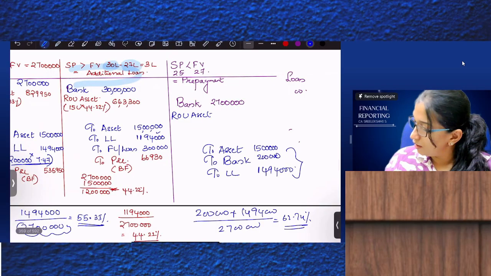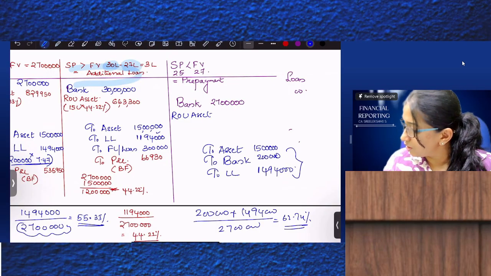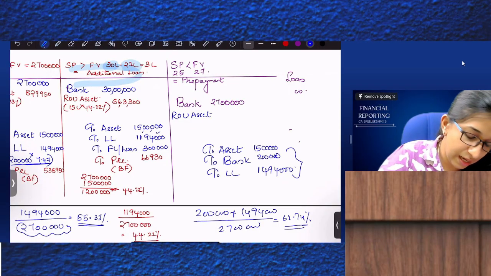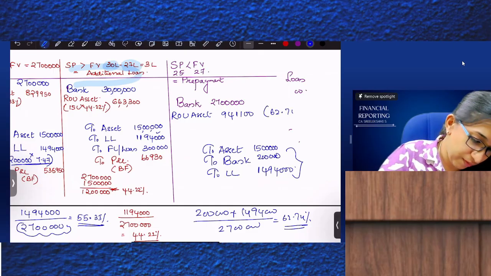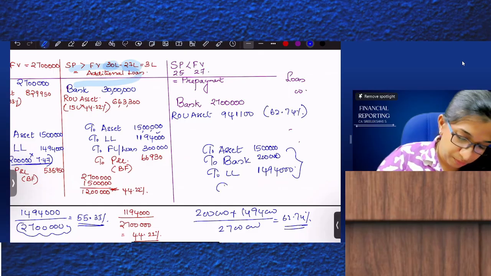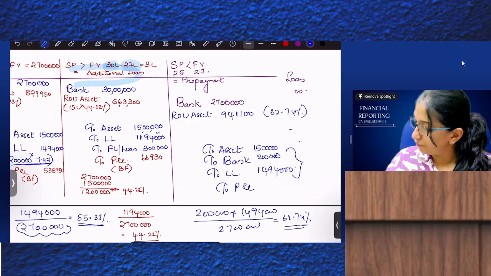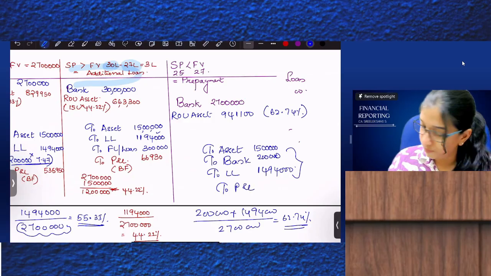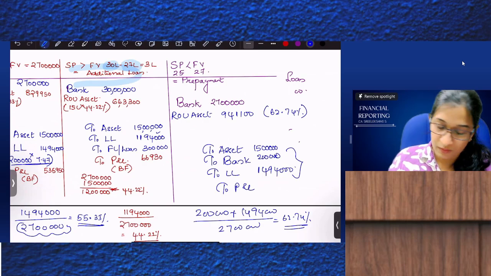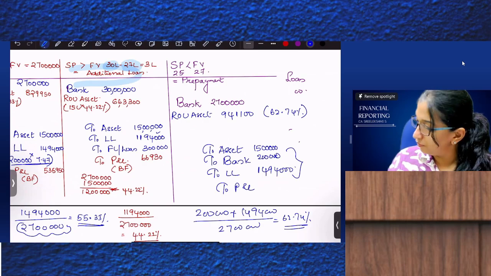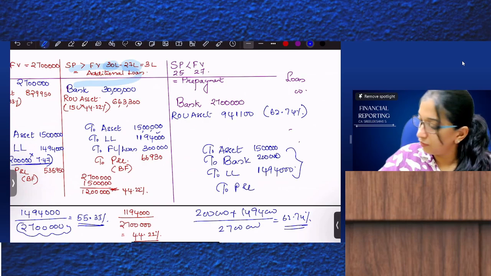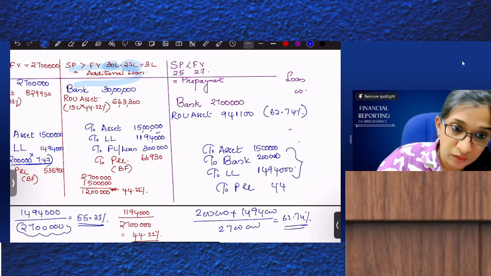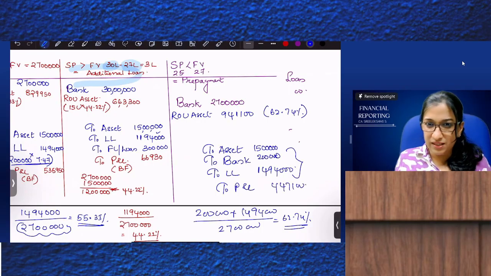So it is 15 lakhs into 62.74%, and 9,41,162.74 to P&L. Please have a look. Please be clear.